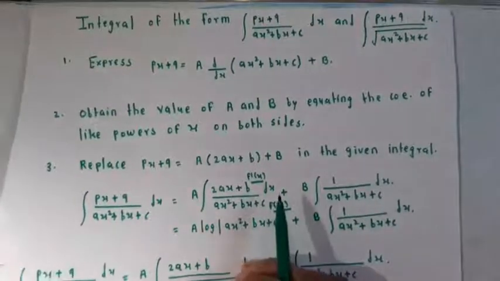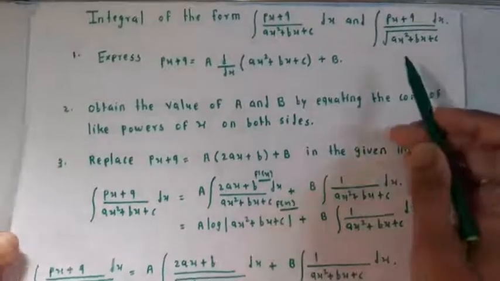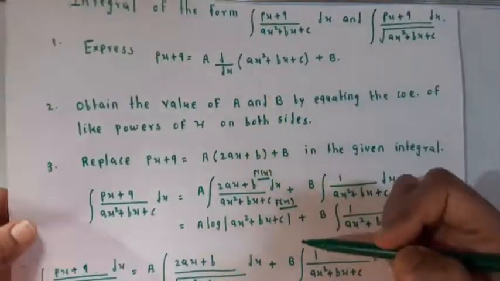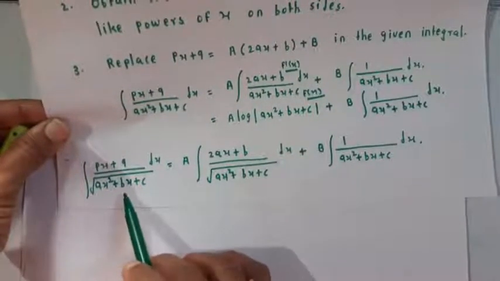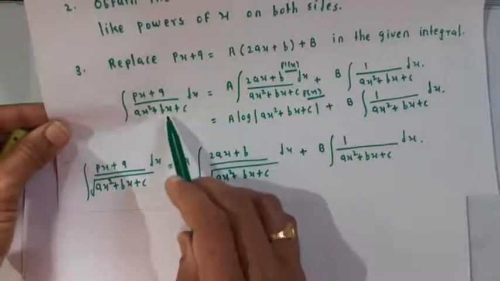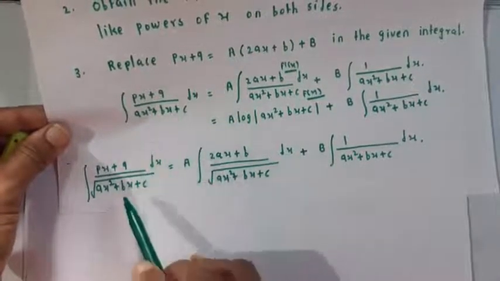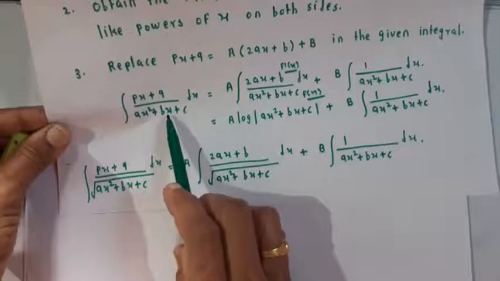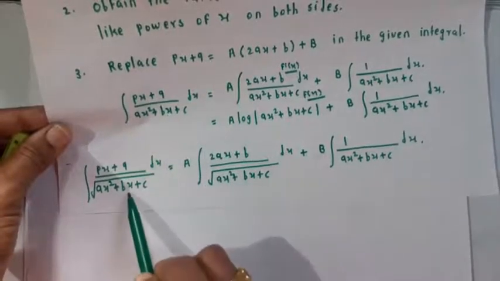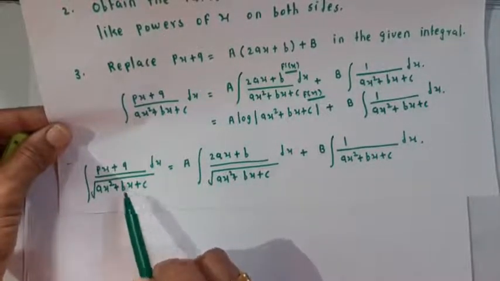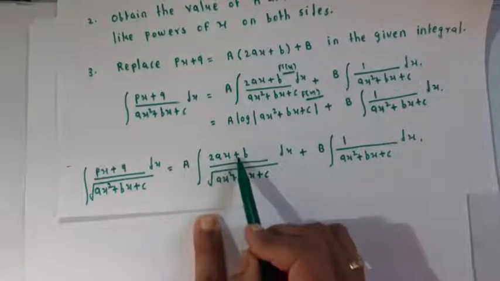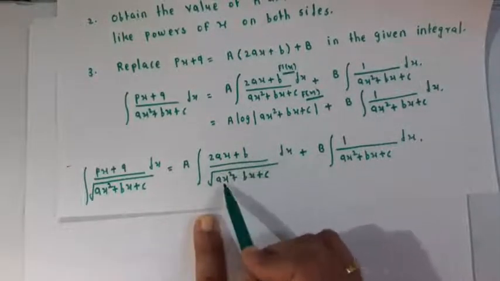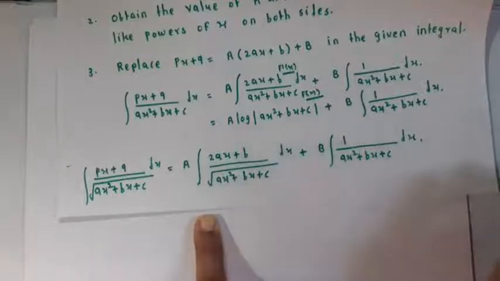Now if the integral is of the type px plus q upon square root of ax square plus bx plus c, the similar steps apply. In this case there is no square root in the previous denominator, and here there is a square root in the denominator, and the first part is of the form a into 2ax plus b upon square root of ax square plus bx plus c.